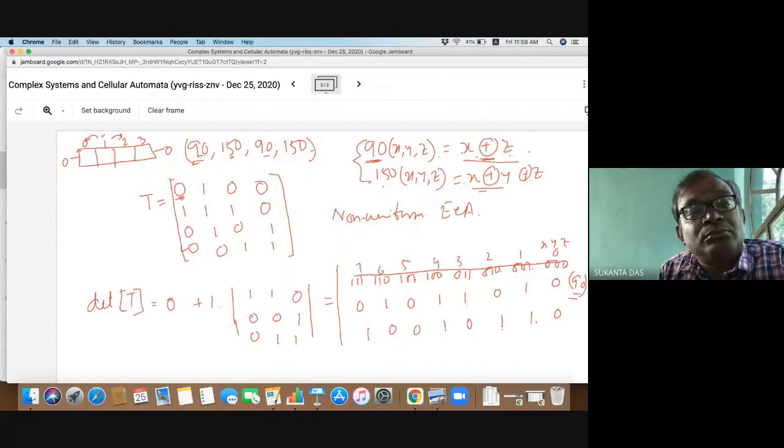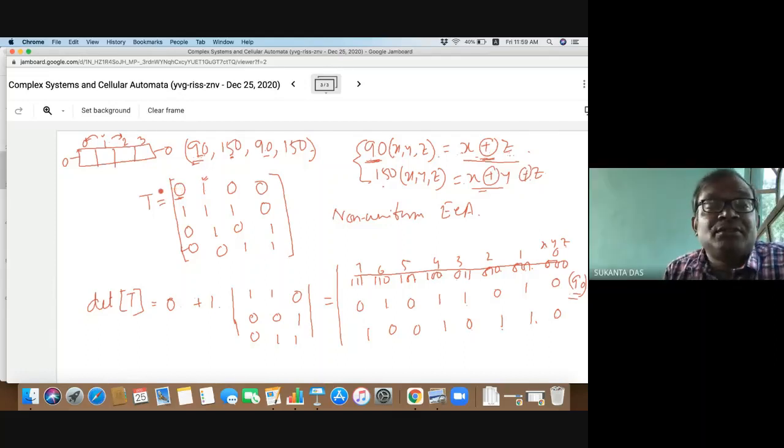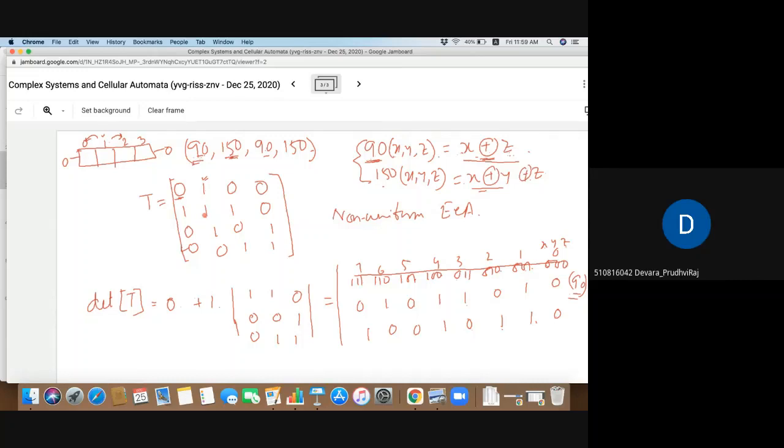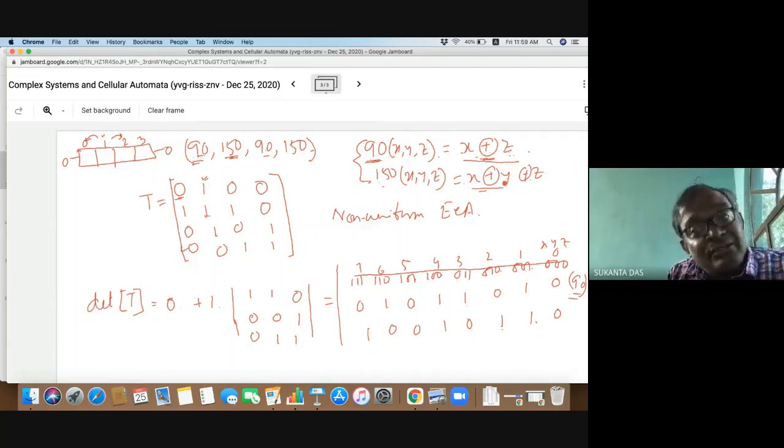A row represents cells. Cell number 0 does not depend on itself, but it depends on the right, so I put a 1 here. It depends on the left, but since it's null boundary, 0 is there, so practically it has no dependence. So nothing is written here. It is not possible also, it's a boundary cell. After this, the second cell is rule 150. It depends on itself as well as left and right neighbors.